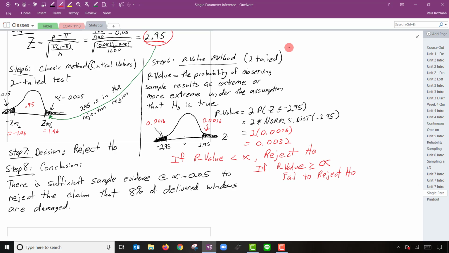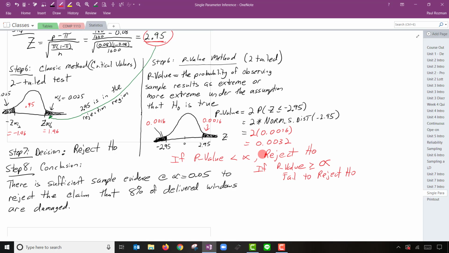it might seem a little more foreign than the classic method if you're already used to doing confidence intervals. But we're pretty good with our probabilities, so I think you'll be okay with this p-value method. I may ask both. So on a test, I might say, conduct the following hypothesis test using the classic method.